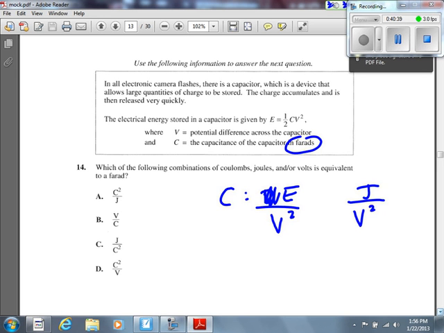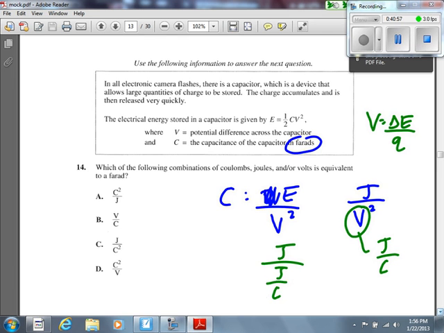Do we see that as an option? We don't. So we have to try to come up with something else. What's a volt also equal to? Joules per coulomb. So let's change that a little bit now. Joules over joules per coulomb squared, which is joules over joules squared over coulombs squared.